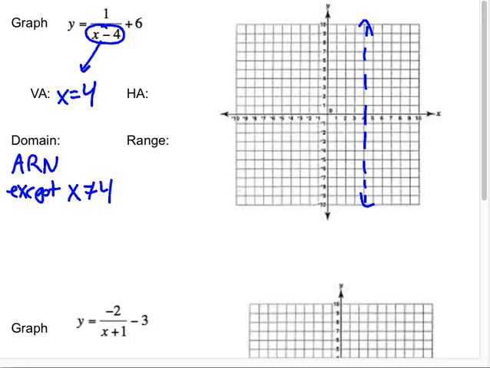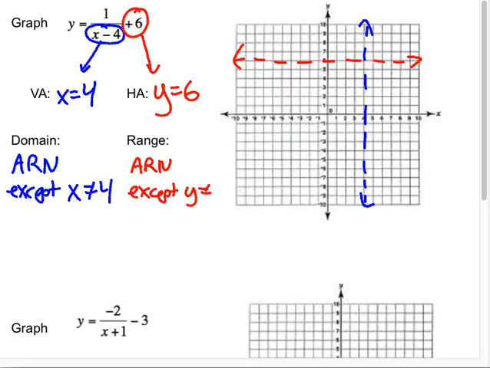Now, what about my range? Well, this provides me my range. So my horizontal asymptote is up at y equals 6. And what does that mean for the range? Well, it means my range is all real numbers except y can't be that 6.